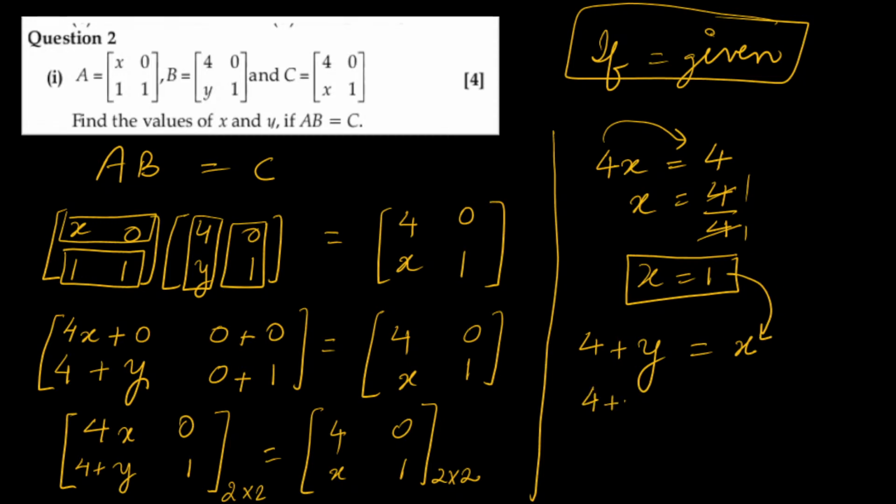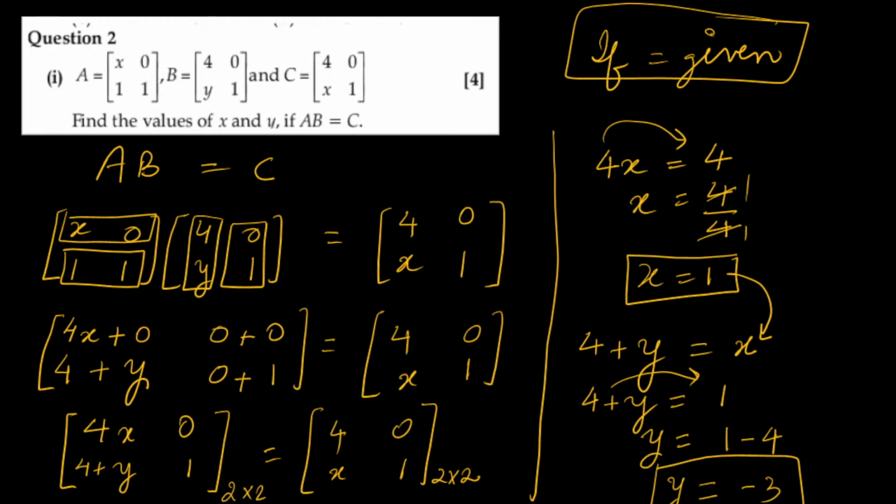So 4 plus y is equal to 1, as we got the value of x as 1. Now 4 will shift to the other side and become minus 4. So y is equal to 1 minus 4, that is equal to minus 3, because plus and minus is minus, and the sign is that of the greater number. So x is equal to 1 and y is equal to minus 3.